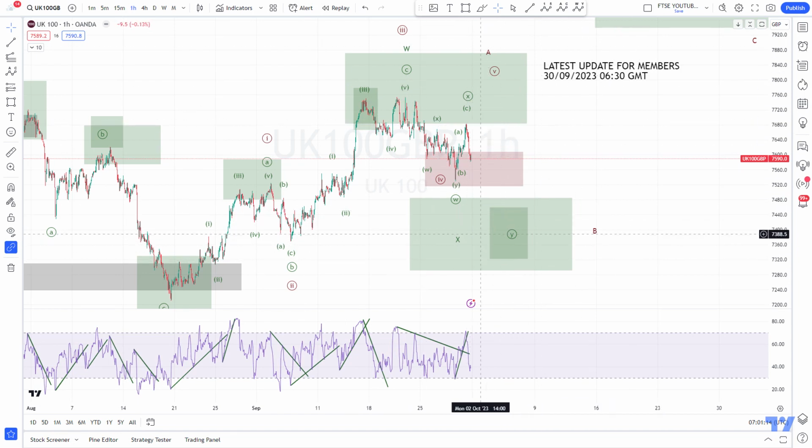We can also be in the wave E area if we have the triangle, and we should go up. But here I would look for alignment with other indices, see what they are exactly doing, like if their correction can be over when the FTSE is into this area, because the other indices are in a downward cycle on the weekly. So this is also something to watch.